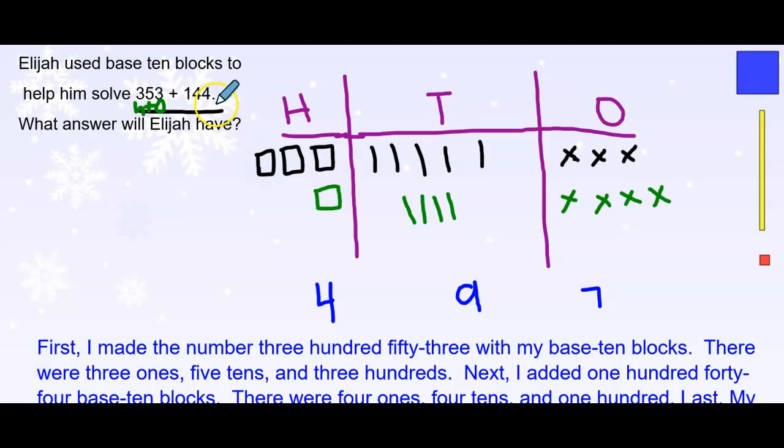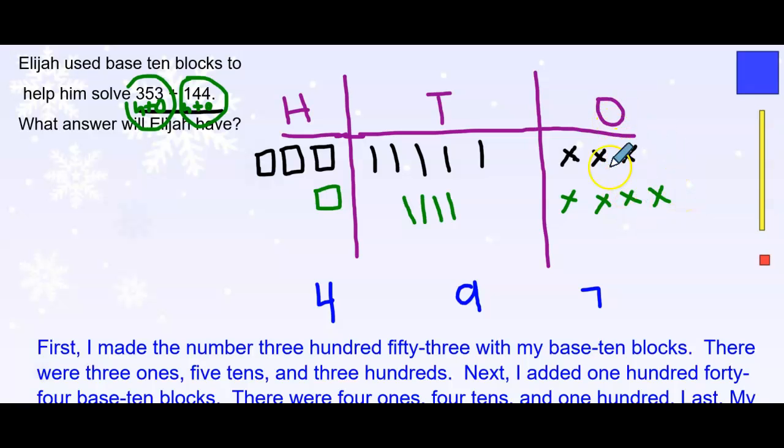In the number 144, 4 was in the ones place, 4 in the tens place, and 1 in the hundreds place. After that, you should have drawn 353 using your base 10 blocks. Then you should have drawn 144 using your base 10 blocks under the first number so that you can add them all together to find the sum.